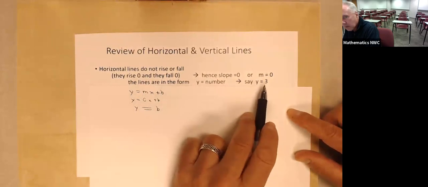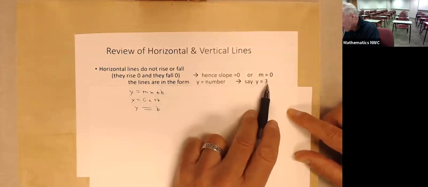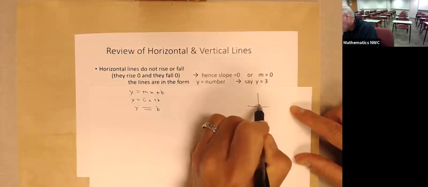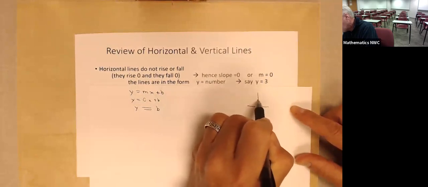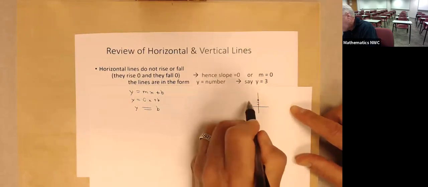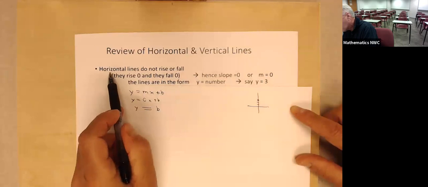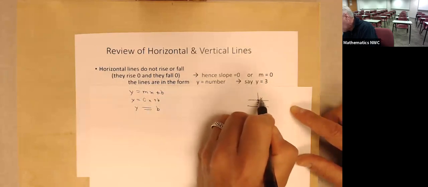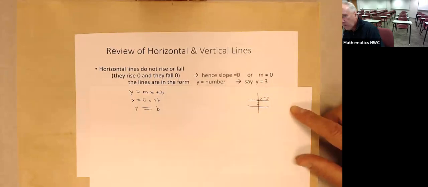Here was an example, y equal to 3. 3 had to be our y-intercept, which means my line went through the point 0, 3, the y-intercept, and it's a horizontal line, so y equal to 3 would be that line.